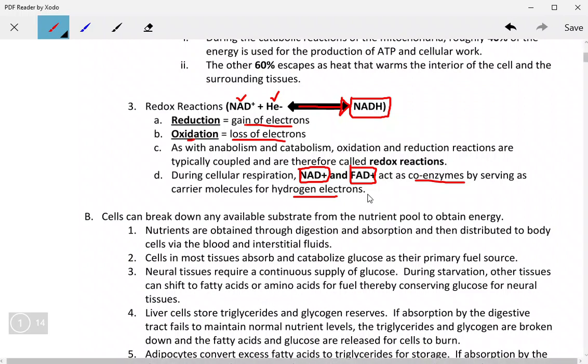The same thing can happen to FAD plus. FAD plus usually carries two electrons. When you see it in its reduced form, it usually looks something like this. Okay, it carries two hydrogen electrons, and we'll see this later. But just know that this is the reduced form of it. Okay, when they have gained electrons.